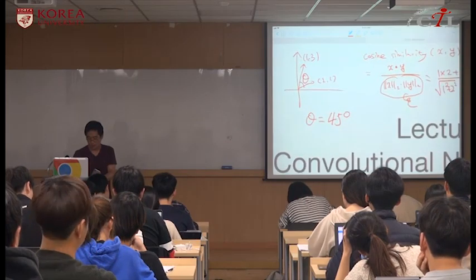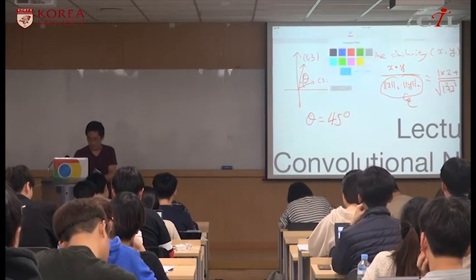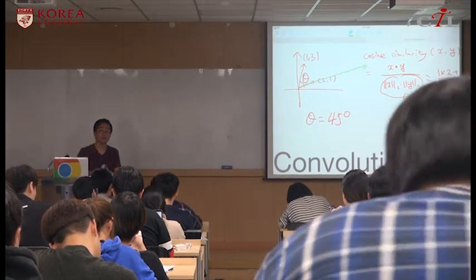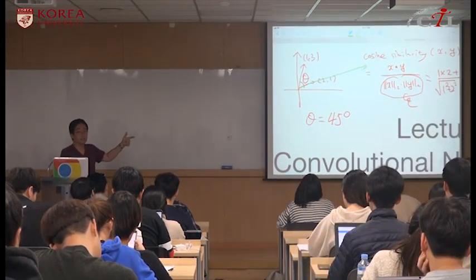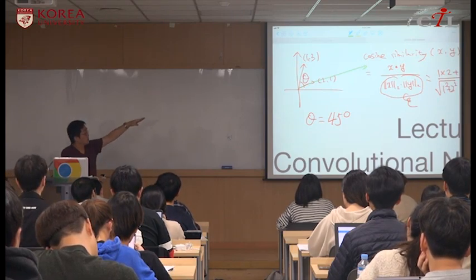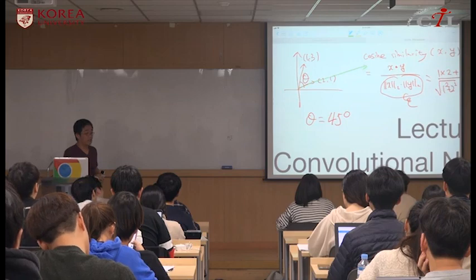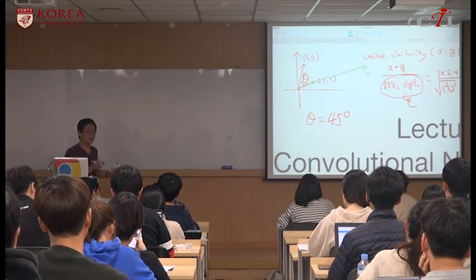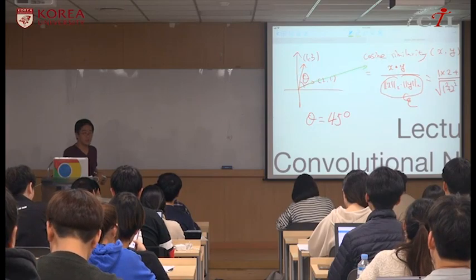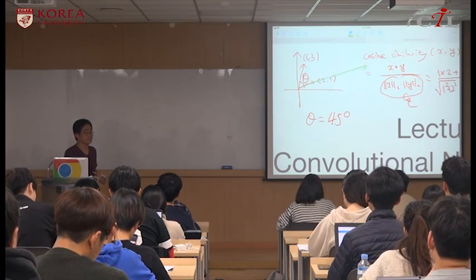So if we have a really long vector, even if that vector has a large angle with the other vector, if that vector length is really large, it will mostly have a large inner product similarity with the other vectors, right?